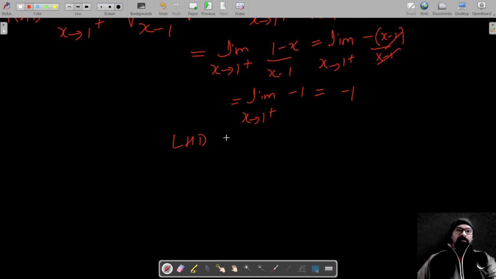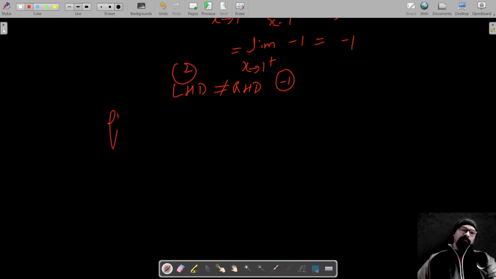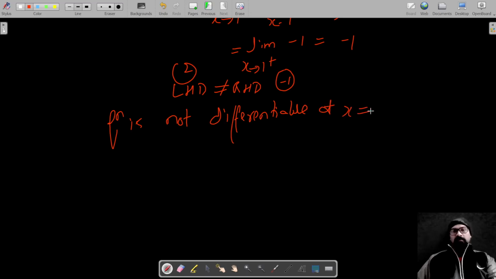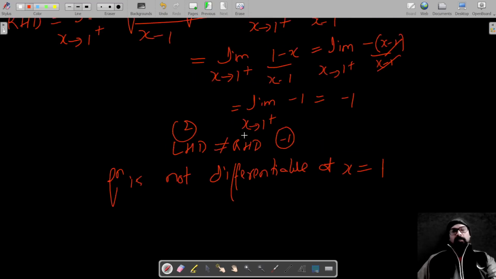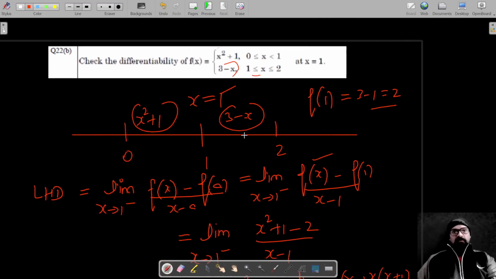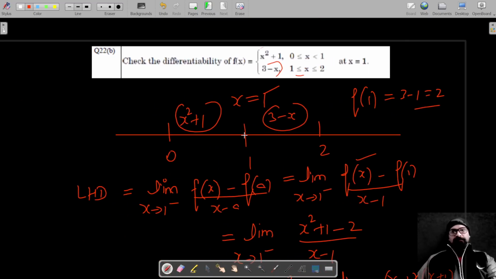Now the left hand limit is not equal to the right hand limit, because at the left the value is 2, and at the right hand limit the value is 1. So the function is not differentiable at x equal to 1.